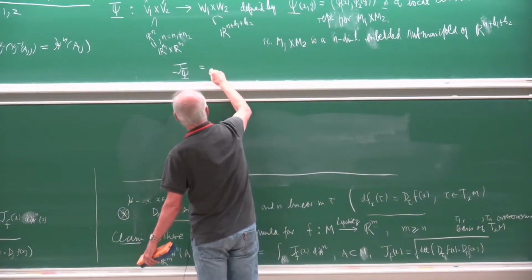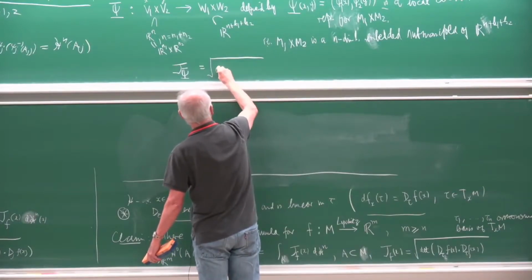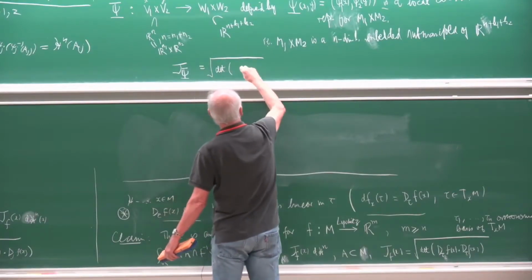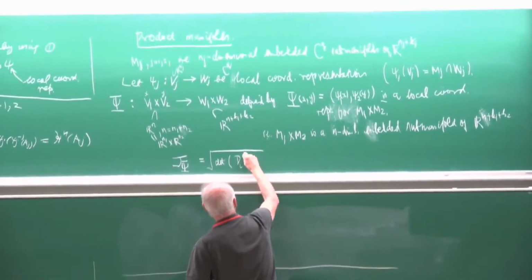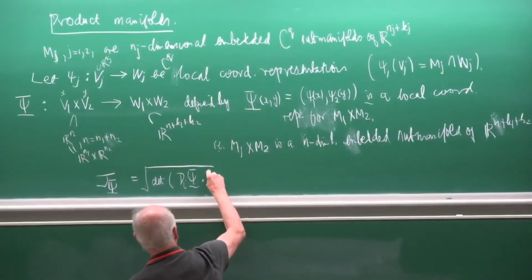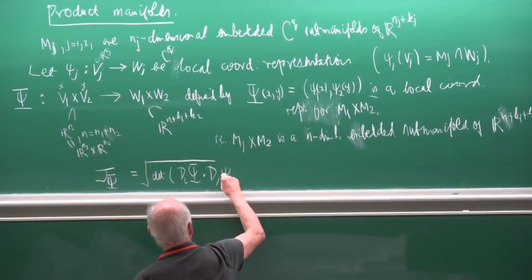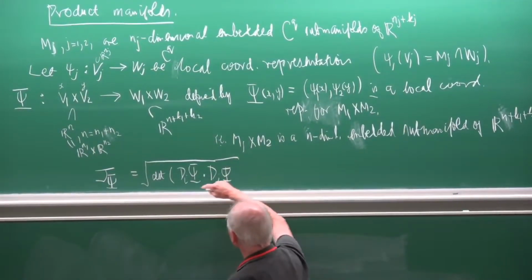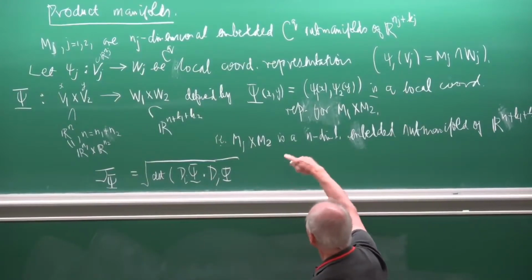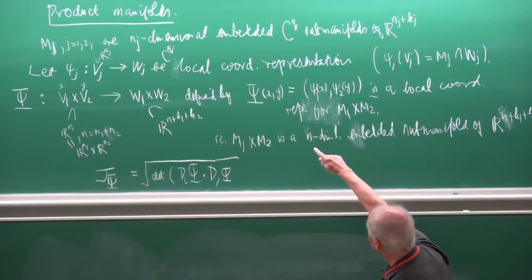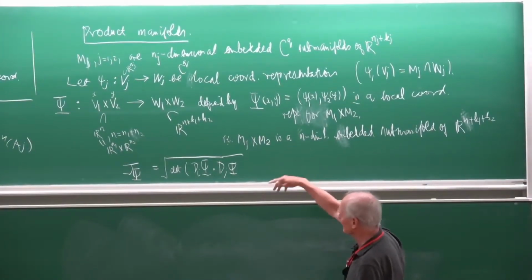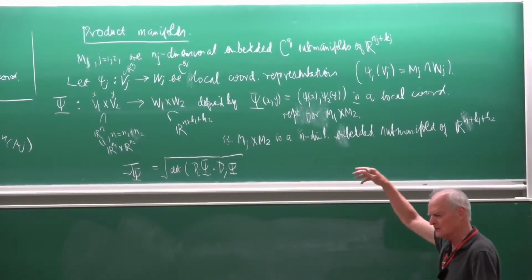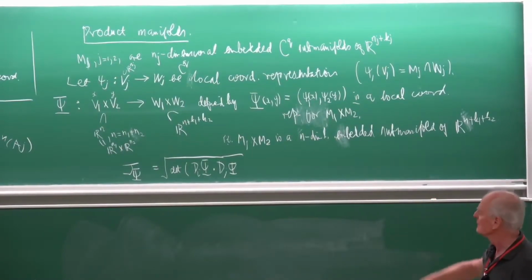That's equal to the square root of the determinant of d_i C dotted with d_j C, where x is in R^n1 and y is in R^n2. So i and j run from 1 up to n1 plus n2.